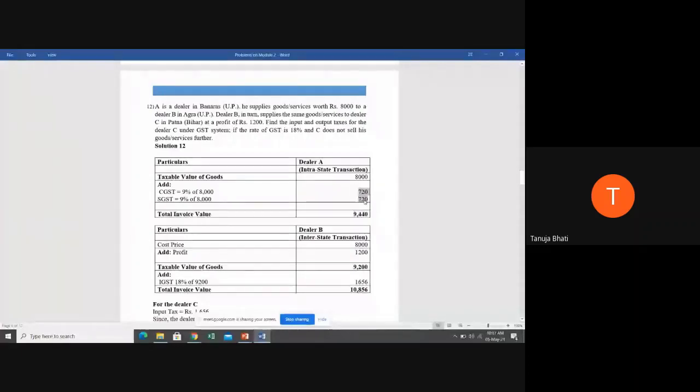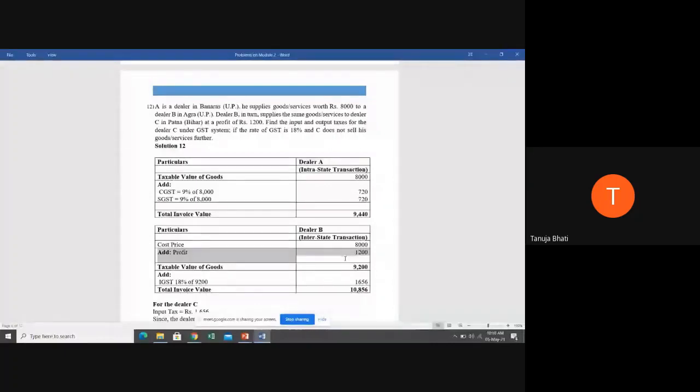So GST avoids tax on tax since it is giving the credit to dealer B on 720. So the cost price is 8,000 and dealer B is supplying the goods to C at a profit of 1,200. Therefore, to the cost price, we are going to add the profit 1,200. Always remember, students, profit has to be added, discount has to be deducted.